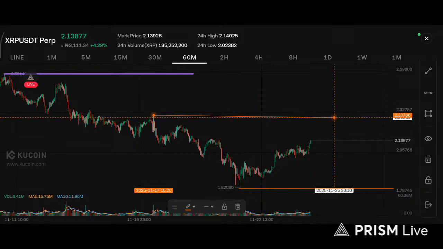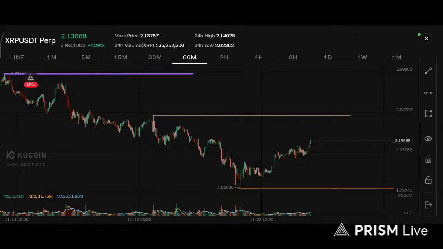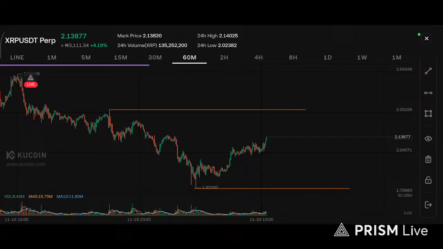Now this internal liquidity, before you enter a short position, you must wait, because price might decide to bounce back. The market is very, very fun. Price might retest and come back, retest again, then the price will calm down. In this scenario, what will help you is to wait to see a correct change of character.